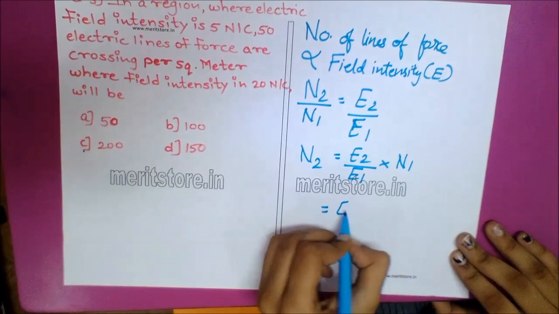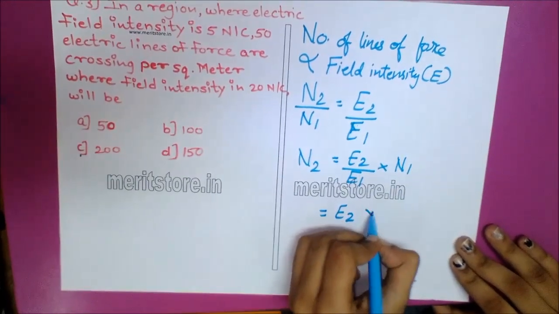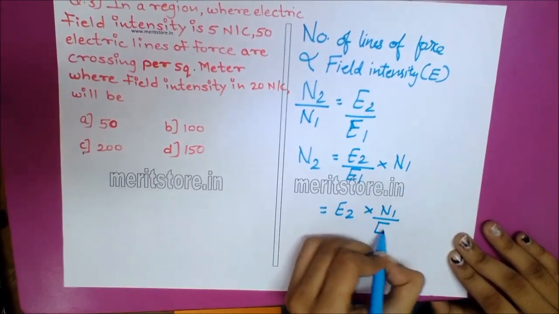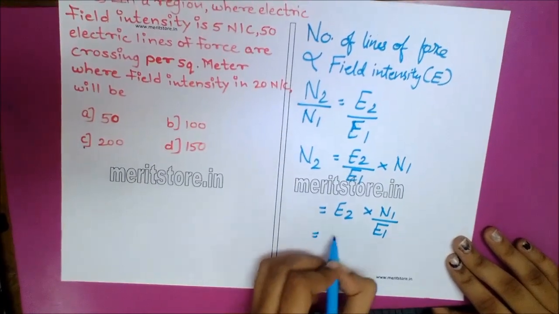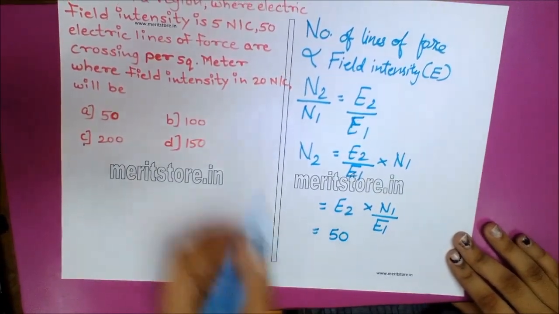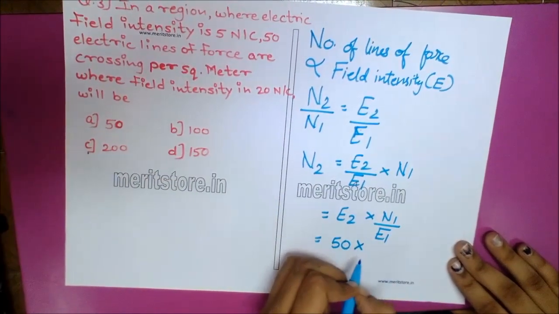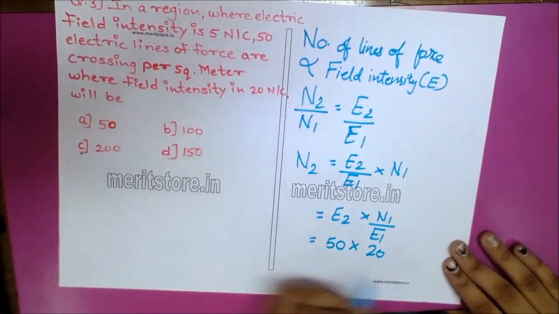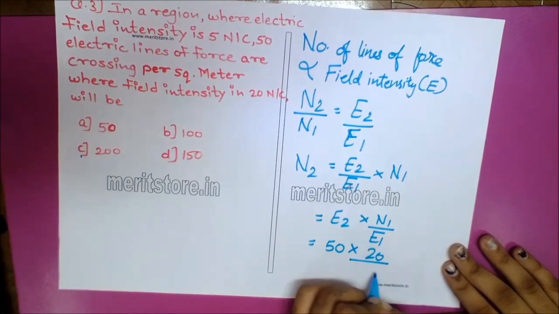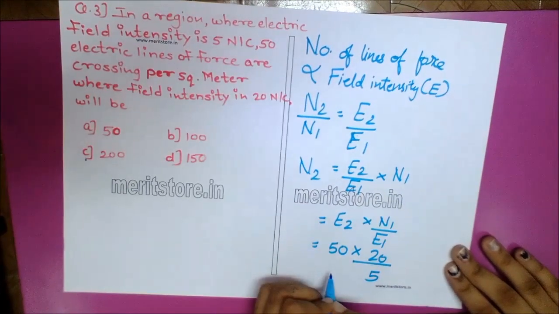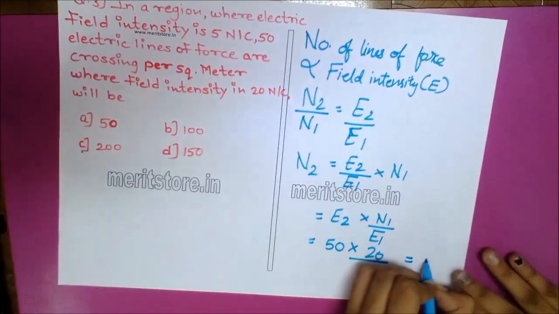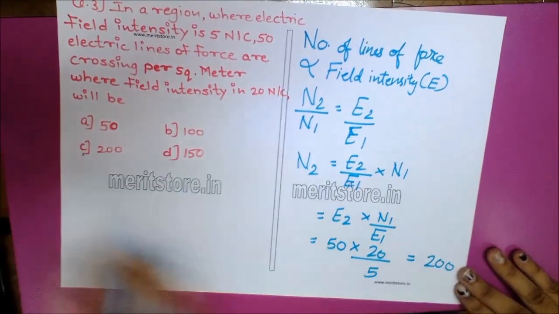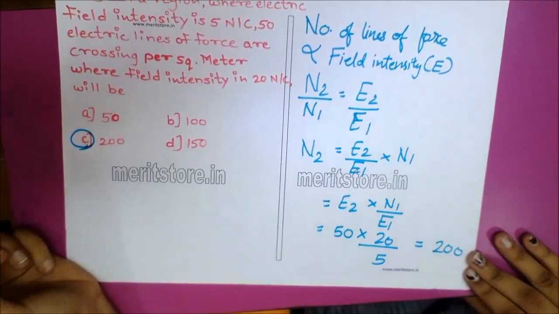So this is E2 into N1 by E1. Substituting the values, we have 20 into 50, that is N1, upon E1, that is 5. When you solve this, you get 200. Option C is the correct option.